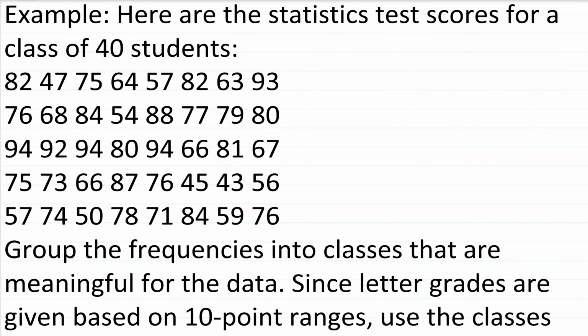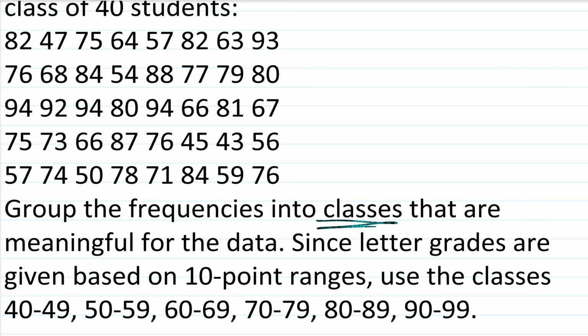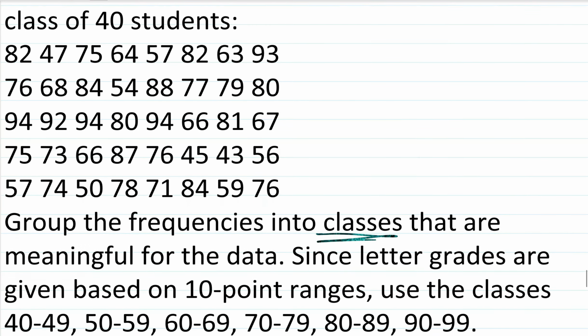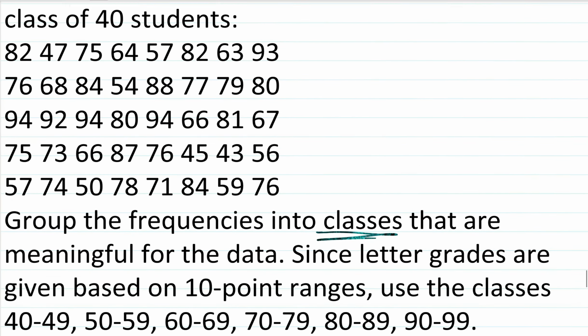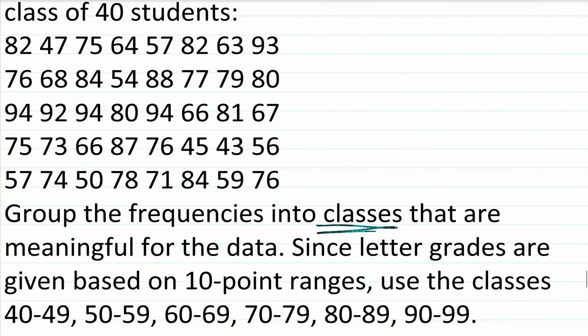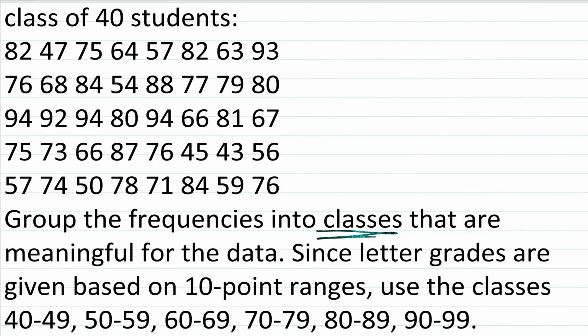Since letter grades are given based on 10-point ranges, they're telling us, which is good, to use these classes: 40 to 49, 50 to 59, 60 to 69, 70 to 79, 80 to 89, and 90 to 99. So what I'm going to do is create a distribution.